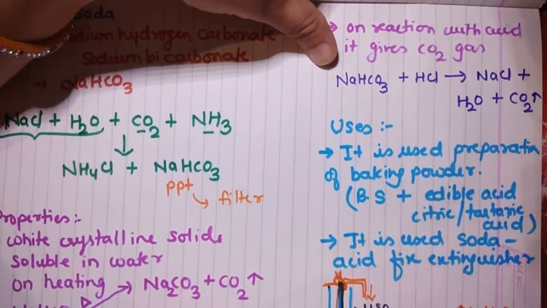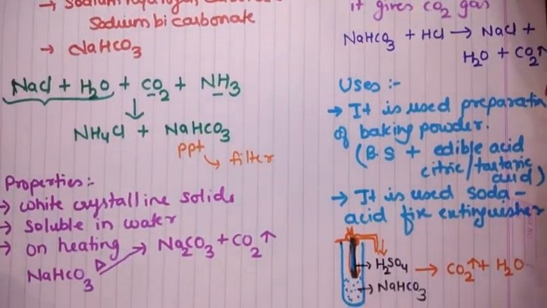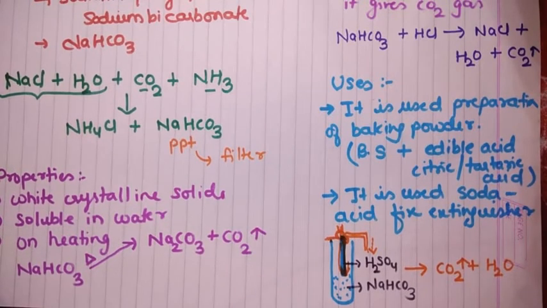Now what will this CO2 gas do for the fire to get controlled? It will cut down the oxygen supply, which is enhancing the fire. So this is the process used in this fire extinguisher. I hope this is understood to you.